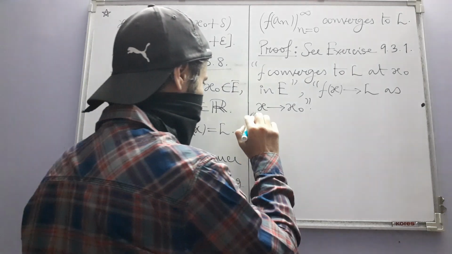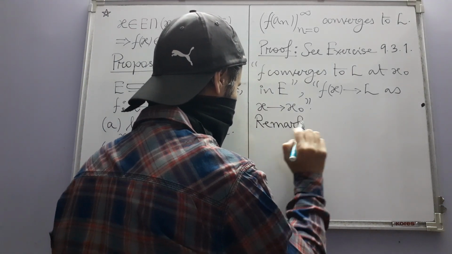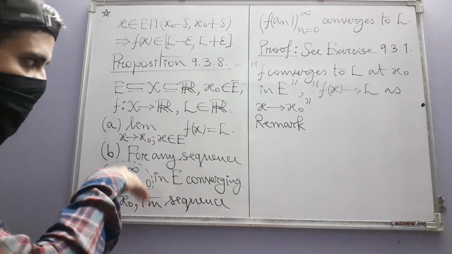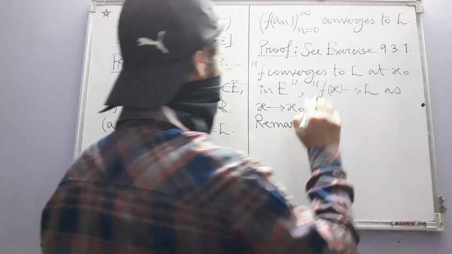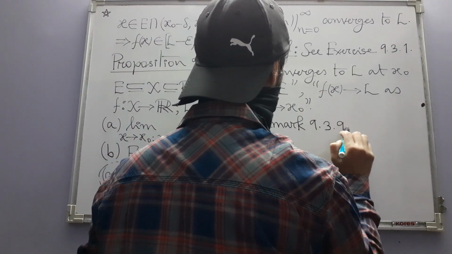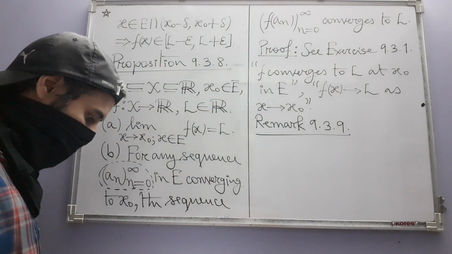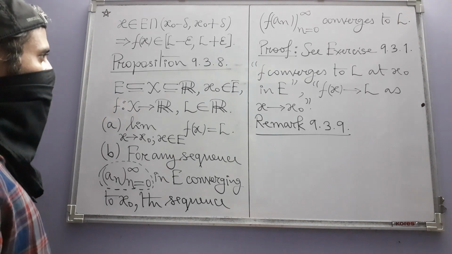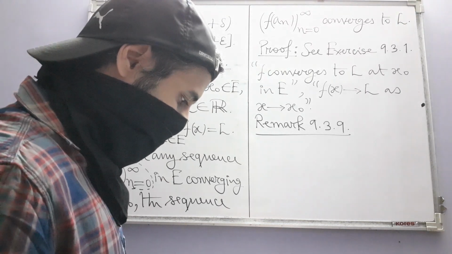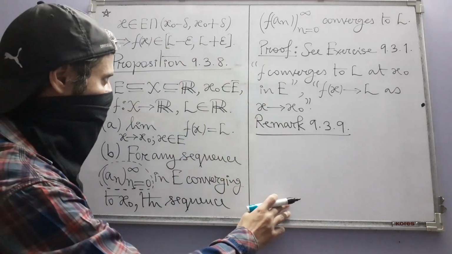Now there is a remark after this, and the remark points out one way in which we can use this equivalence. Now I think I messed up the number a little bit.